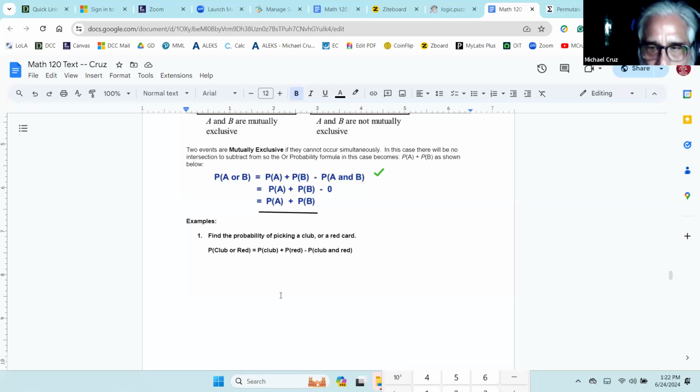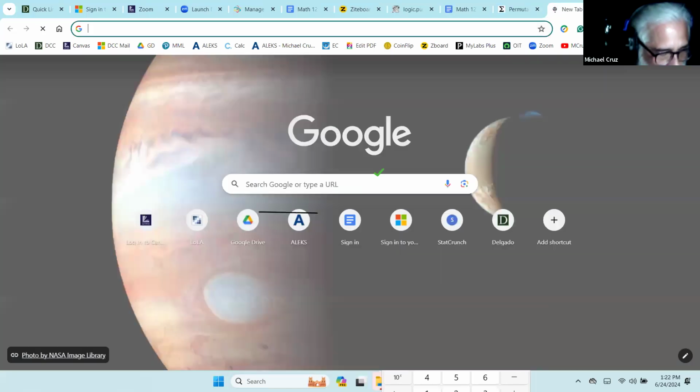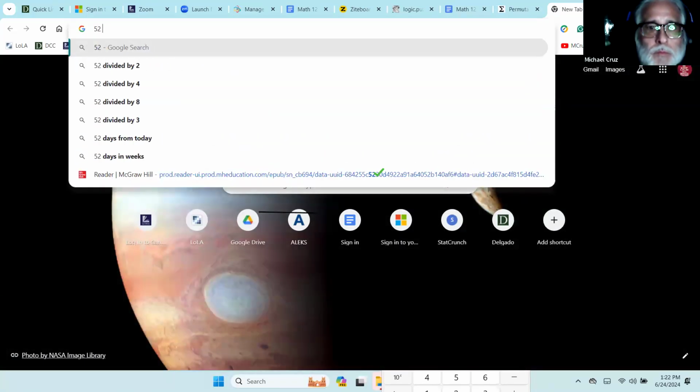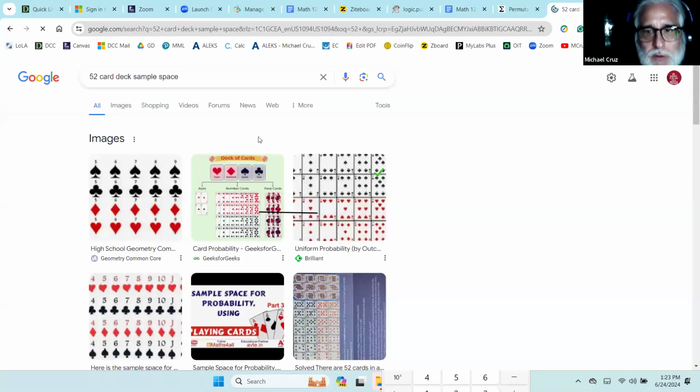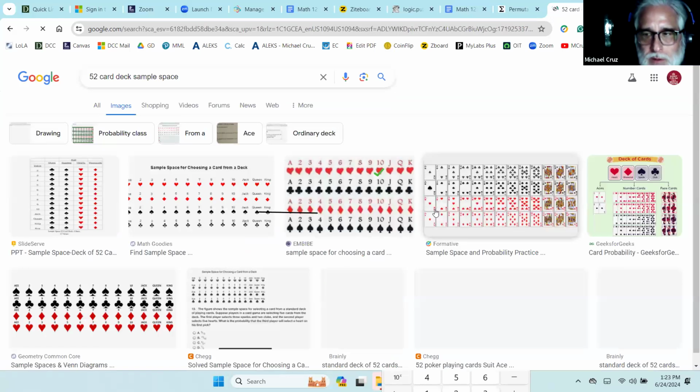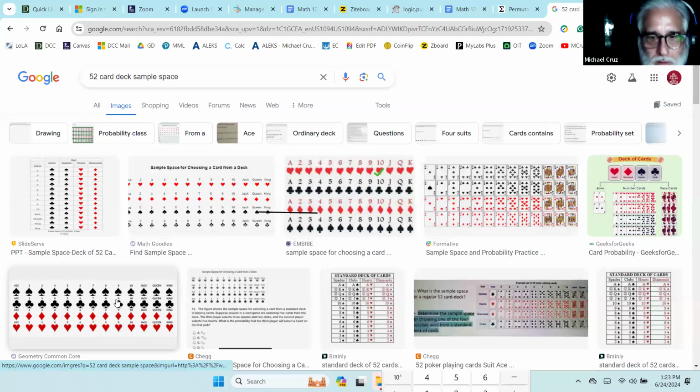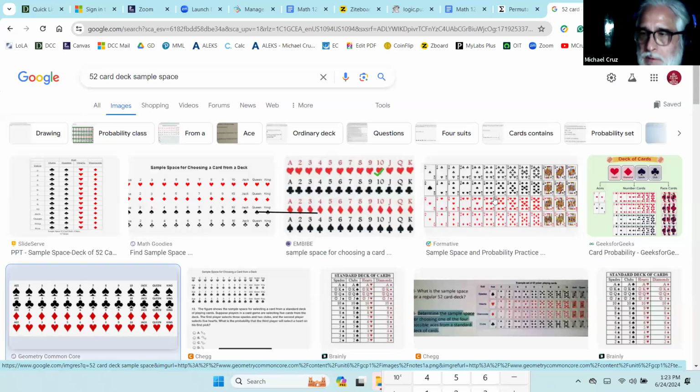So here we're going to find the probability of picking a club or a red card. So we got the or means add, and that's that formula. So we need the probability of a club plus the probability of red minus the probability of club and red. Let me see if I can get a deck of cards here, so that we can view it.